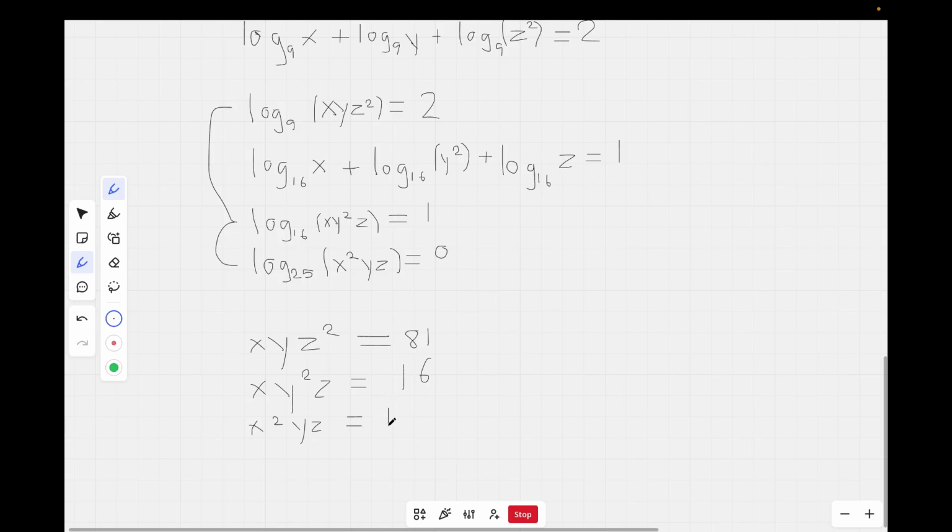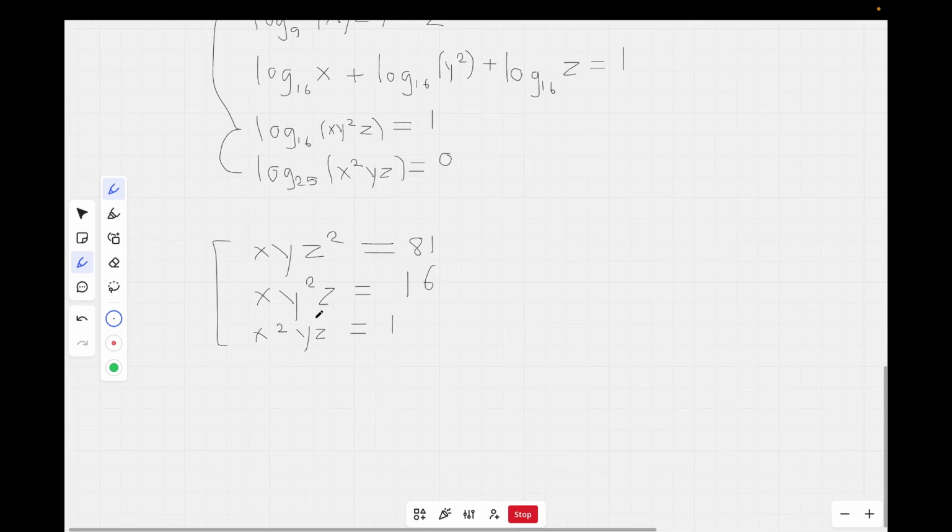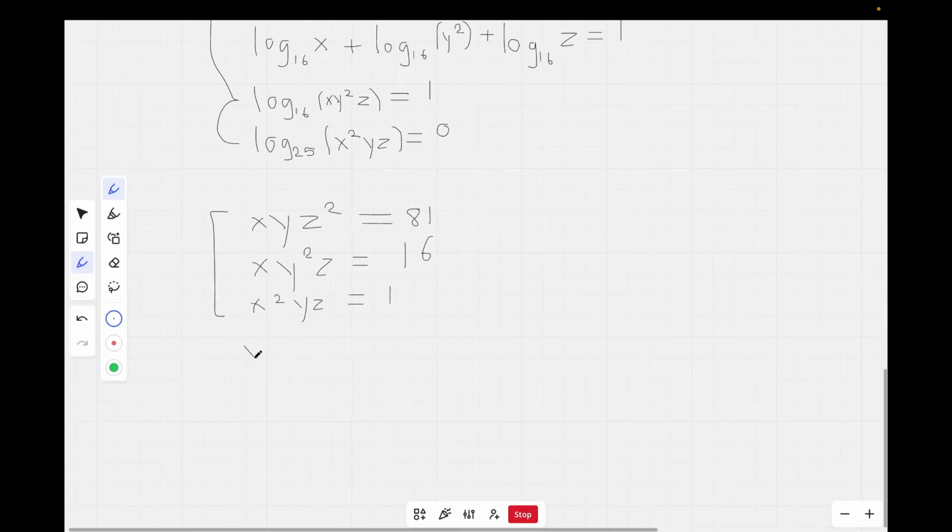That's just 1. So when we're faced with a system of equations where all three expressions are symmetric, like xyz squared, xy squared z, x squared yz, a very common method that you would use is to multiply the system together.